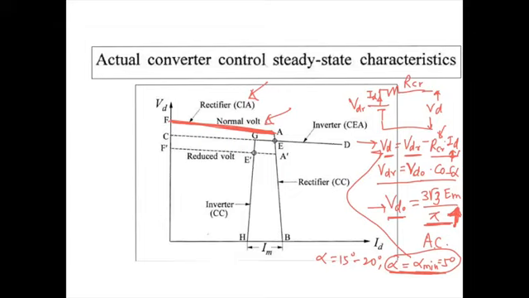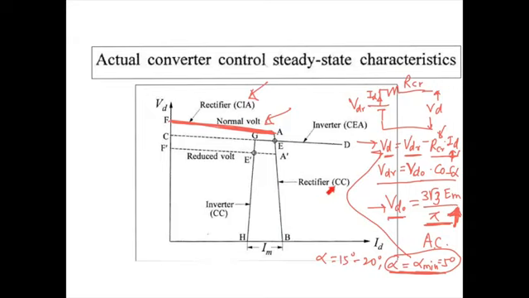So in order that the power flow in the HVDC link remains constant, it is necessary that the inverter should also be equipped with what is called a constant current control characteristic. To avoid this situation, the inverter is equipped with constant current control characteristic, but the current setting for the inverter is slightly below the current setting of the rectifier.